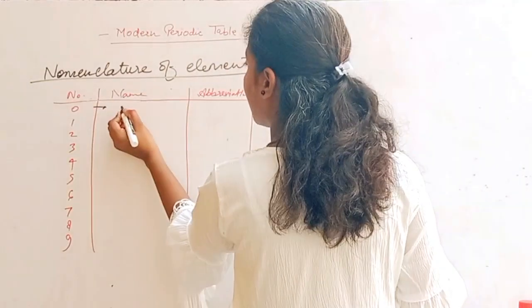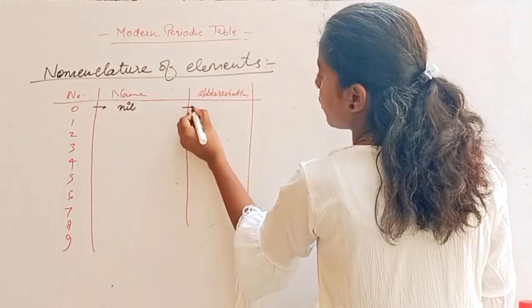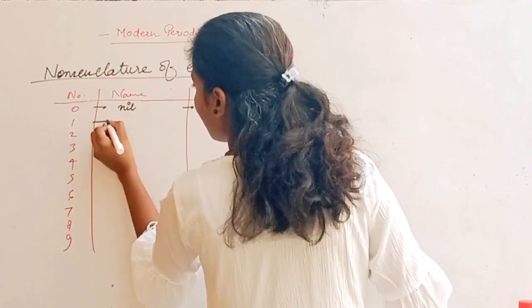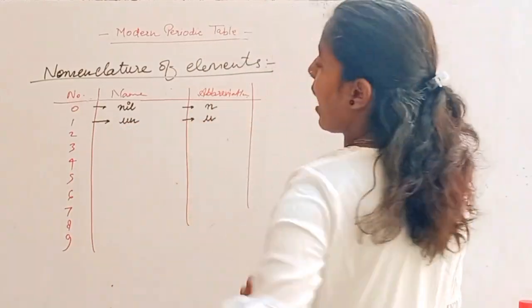So for 0, we use nil, and the abbreviation is n. For 1, we use un, and the abbreviation is u.